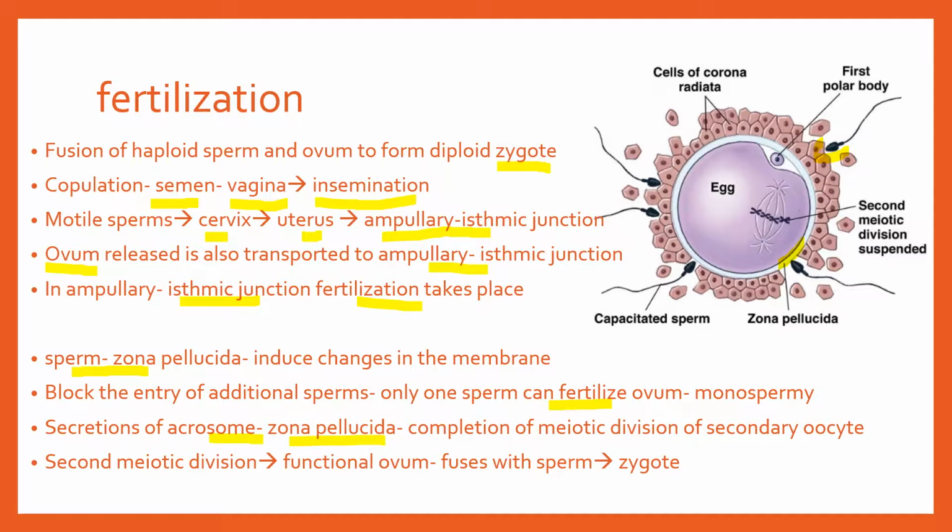That secondary oocyte completes the second meiotic division, which leads to the formation of the functional ovum, also known as the ootid. This ootid or functional ovum fuses with the sperm and forms the zygote. During the second meiotic division, an unequal division results, forming, see, this is an egg and this is a first polar body.